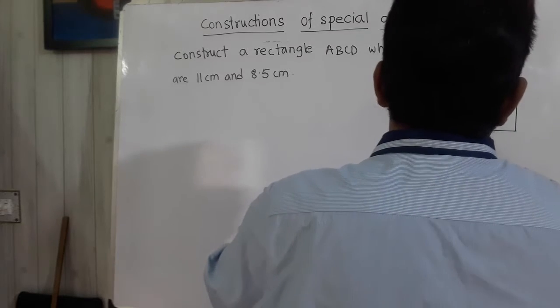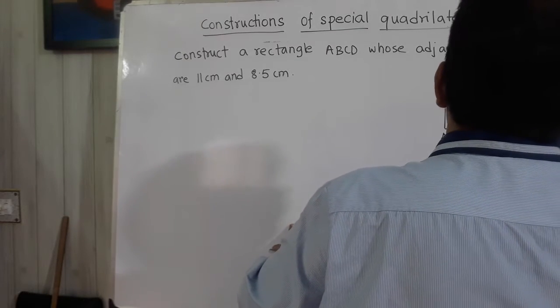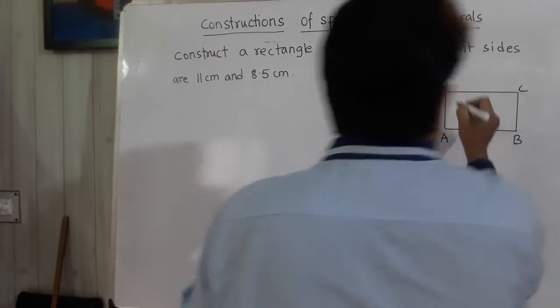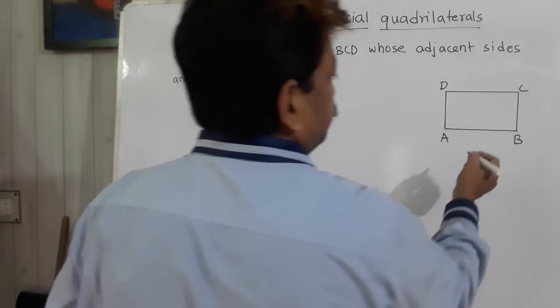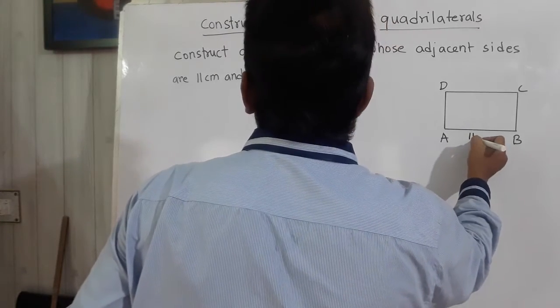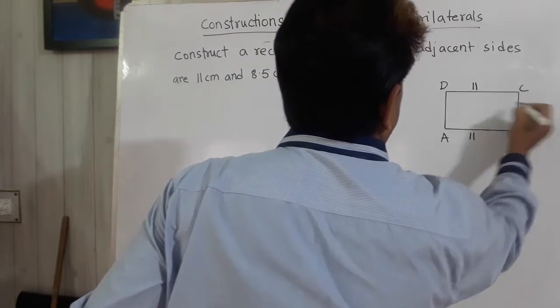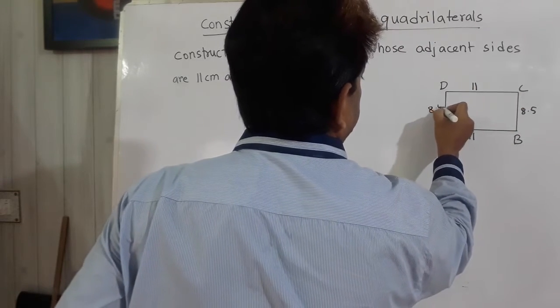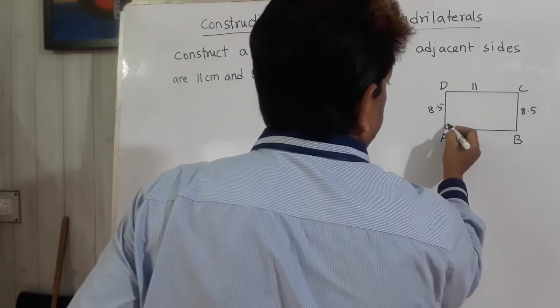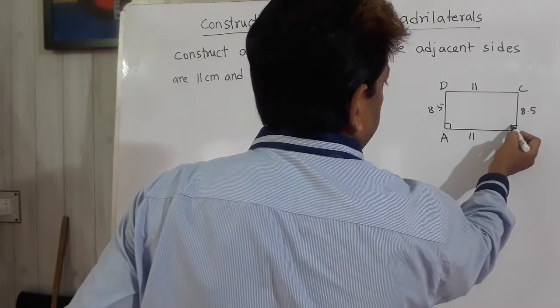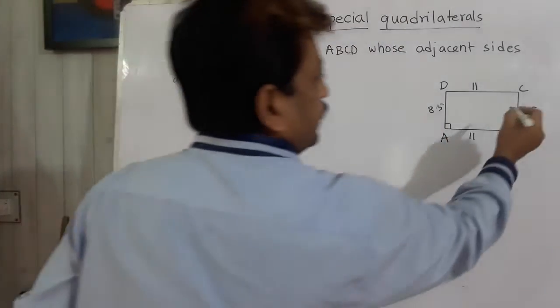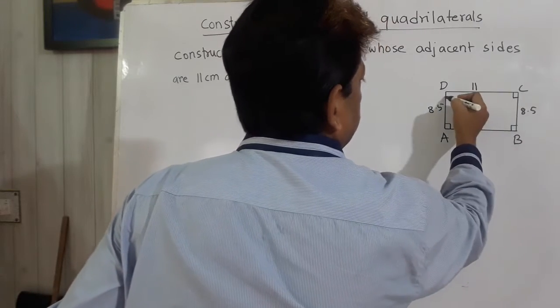So this is a rough diagram, not according to the exact measurement. AB is 11, CD is also 11, BC is 8.5 and AD is 8.5, and these angles, as we all know, are right angles. All the angles are right angles.